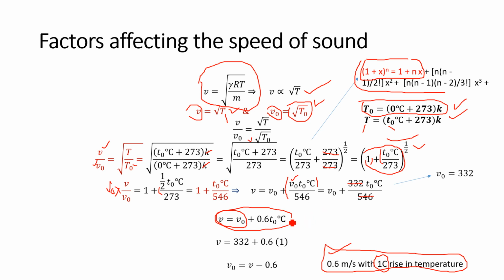Now if we increase the temperature by 1 degree centigrade and substitute t equal to 1, we will get V is equal to 332 plus 0.6 multiplied by 1.